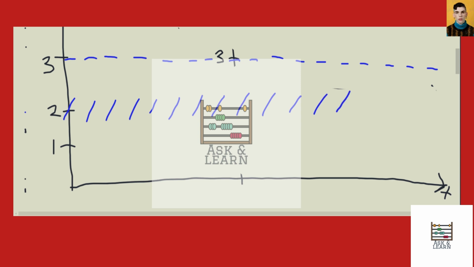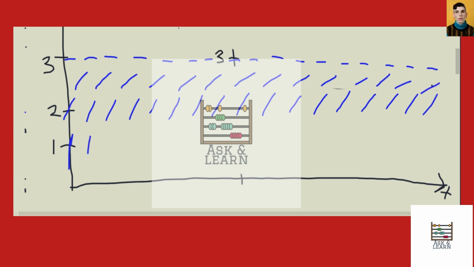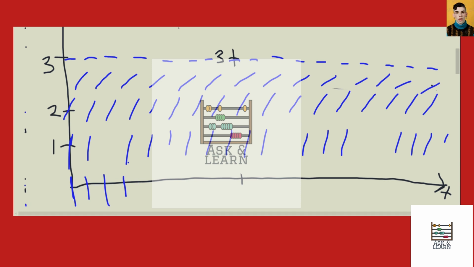And this is just an approximation of what this should look like, until we're essentially almost vertical as we cross the x-axis.